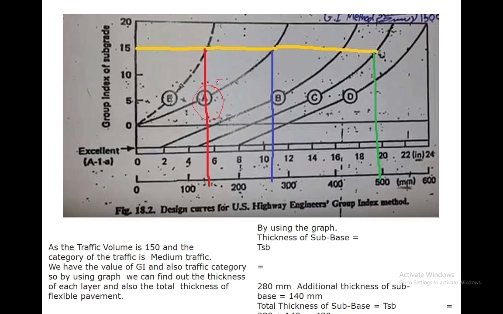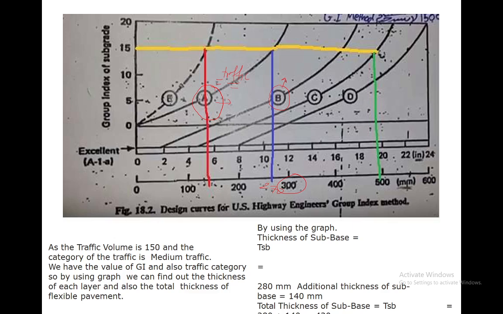So if we have the design traffic of 150, that means we will go exactly to curve number A. If we talk about curve number B, it is basically the total thickness of the pavement, meaning thickness of surface course, base course, and sub base for the light traffic, where we usually have fewer than 50 vehicles in a single day.